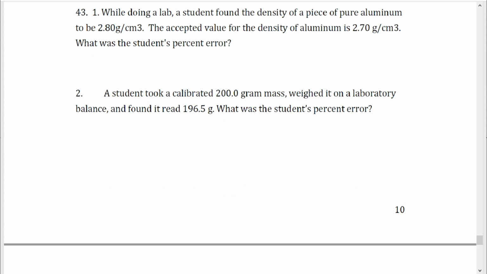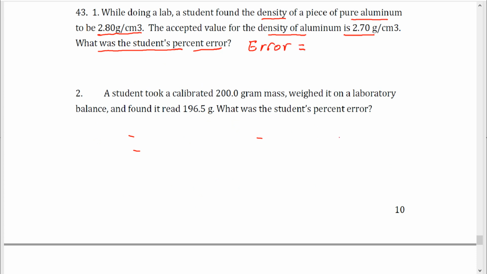A student doing a lab found the density of a piece of pure aluminum to be 2.80 gram per centimeter cubed. The accepted value for the density of aluminum is 2.70. What was the percent error of the student here? First step, you need to calculate the error.